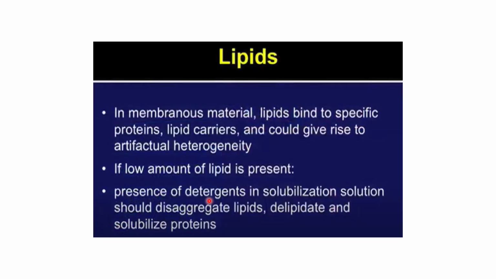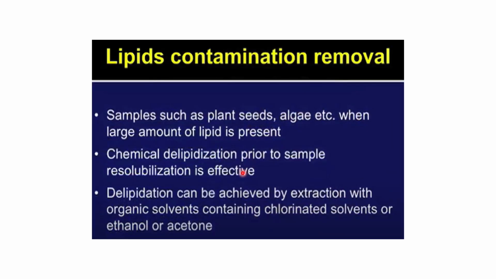In terms of lipids, if a low amount of lipid is present, solubilization should disaggregate lipids. Lipids won't be soluble, right? They are hydrophobic in nature, so generally by doing solubilization, lipids are out.